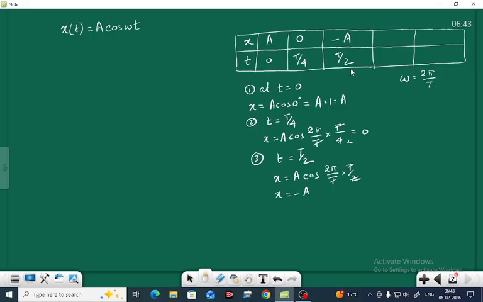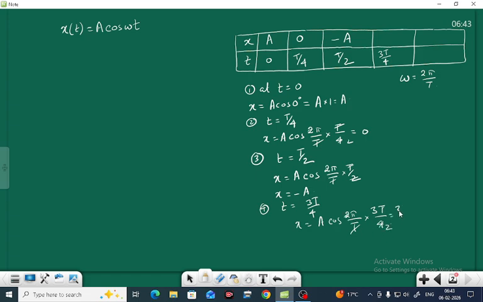Again we are getting the value at 3T by 4. What is the value? At time t equal to 3T by 4, the value of x is equal to a cos omega, meaning 2 pi by T, into 3T by 4. So this will cancel, and 2 by 4, right?